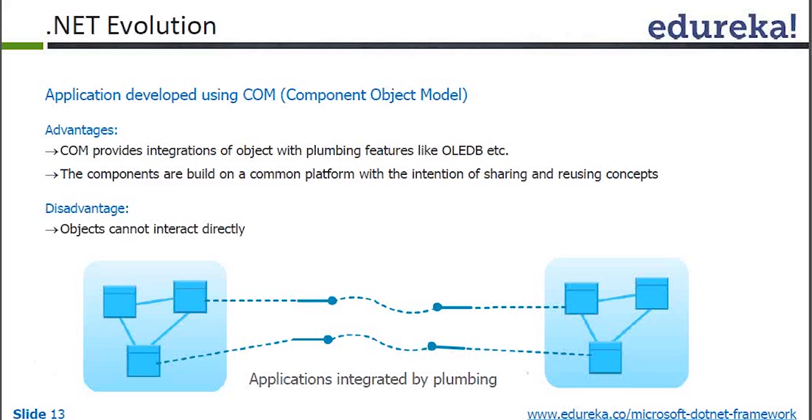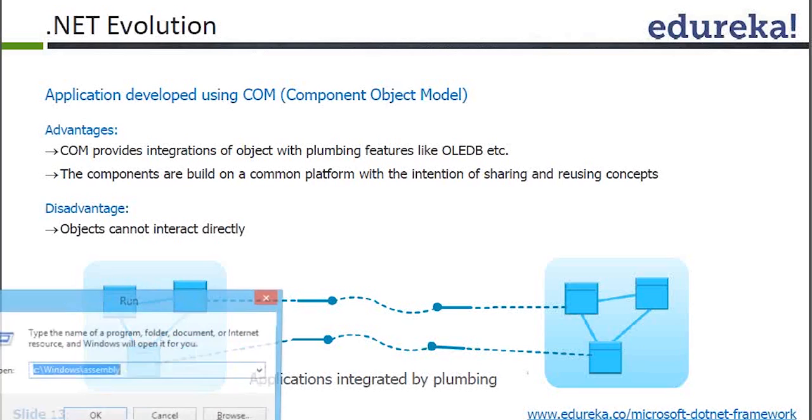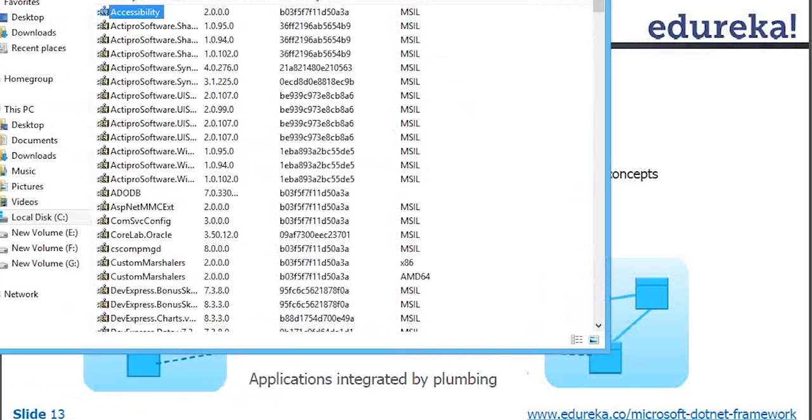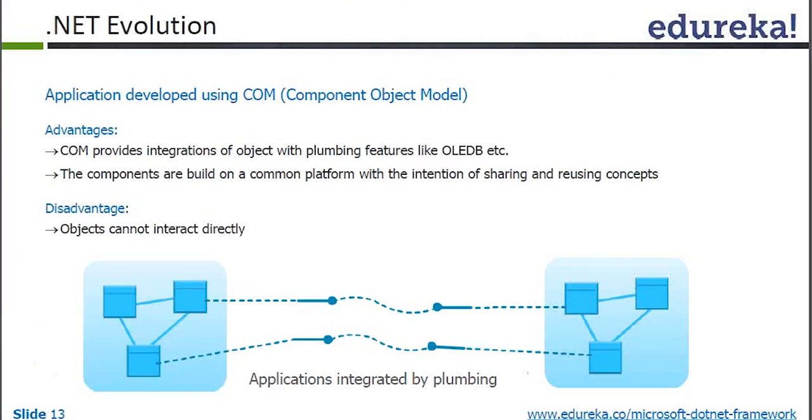Earlier we didn't have anything like repositories. From .NET onwards we have a concept called a repository. That repository is nothing but an assembly. This is a repository for all your libraries. Before .NET, we used to have COM components, and there is no repository. We used to have individual components.